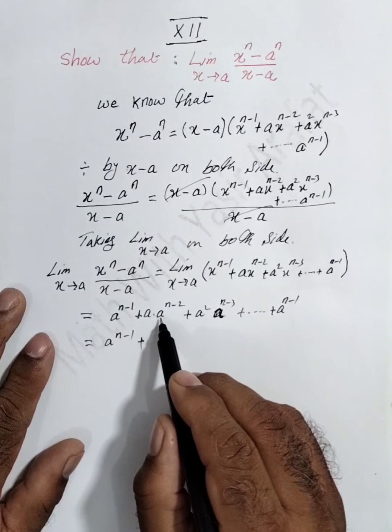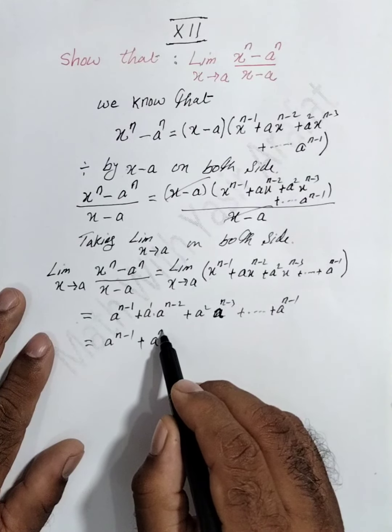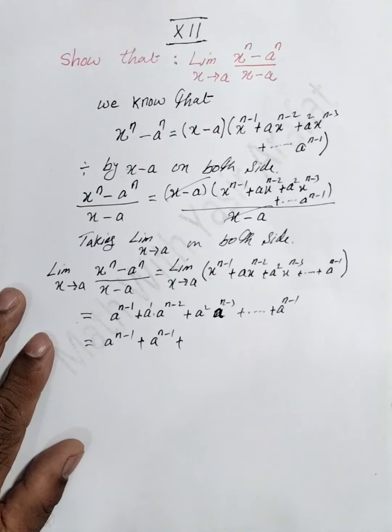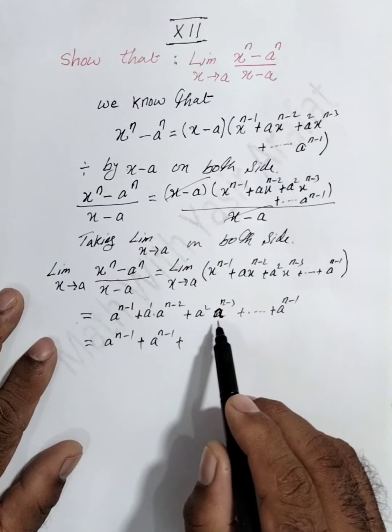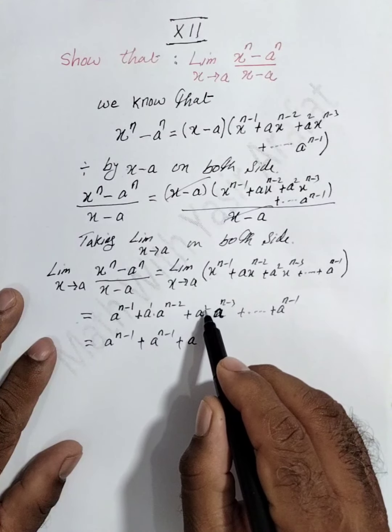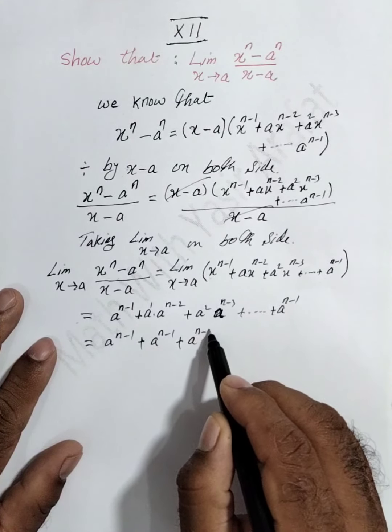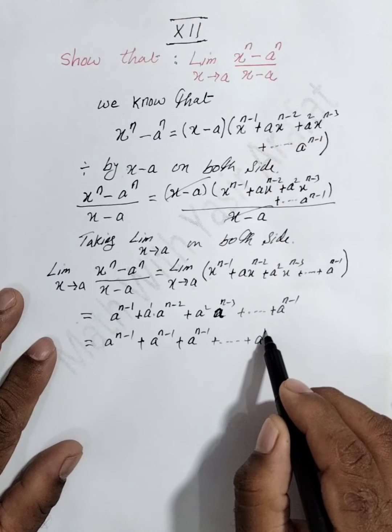Here the bases are the same, so the powers are added: n-1, and this is 1, so n-1. Now this is a^2 and a^(n-3), so the powers are added: n-3 plus 2, that is n-1, and so on, plus a^(n-1).